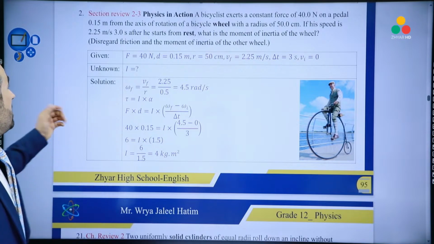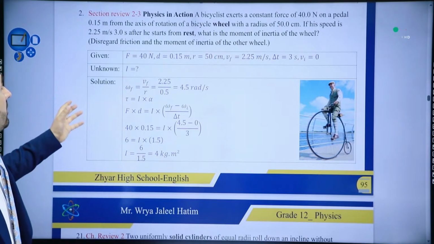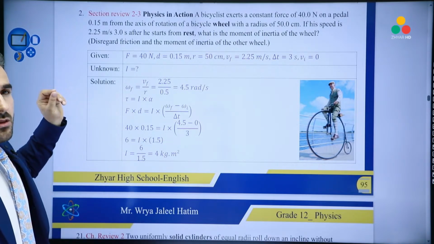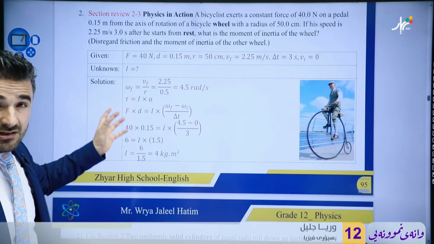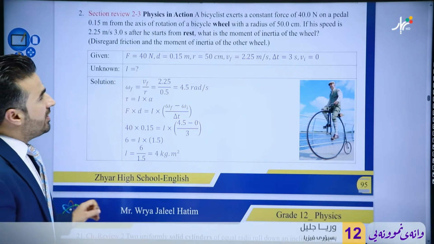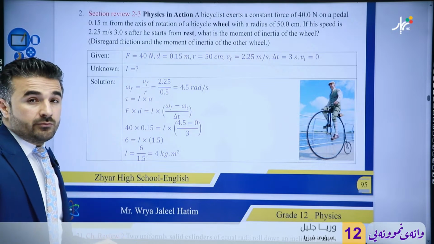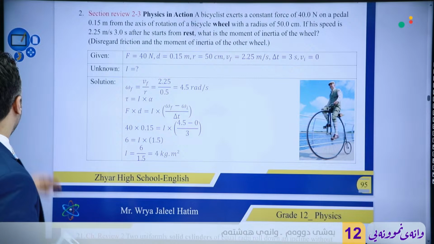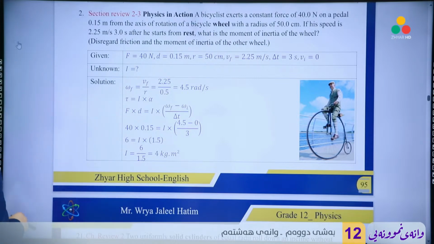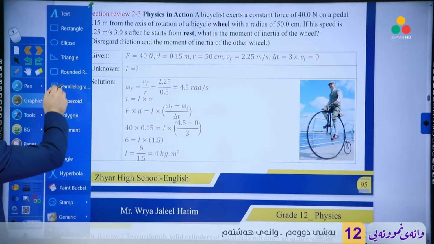If his speed is 2.25 meter per second 3 seconds after he starts from rest. These are keywords, guys. So what is the moment of inertia of the wheel? Don't forget this.